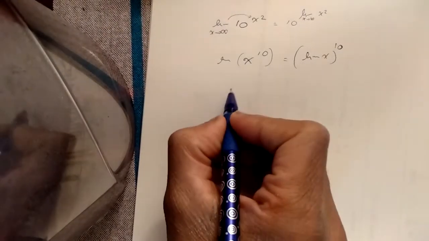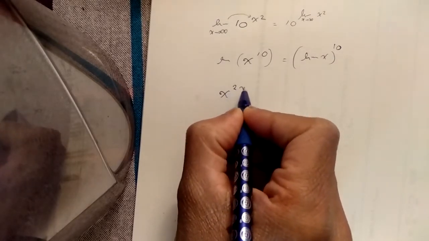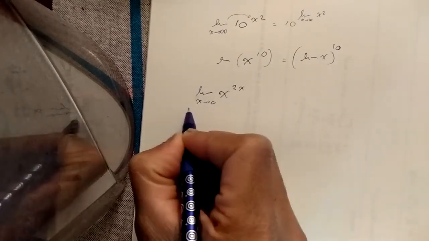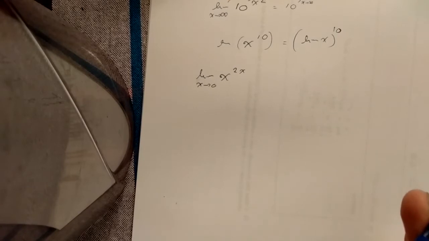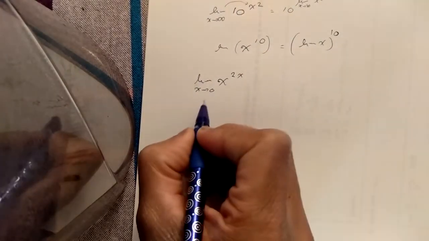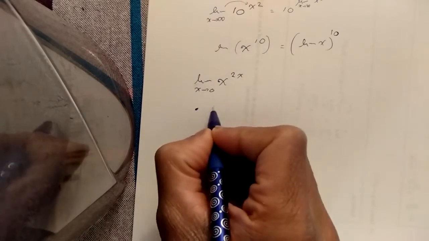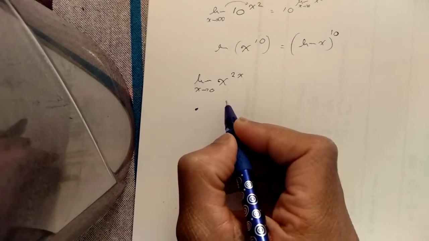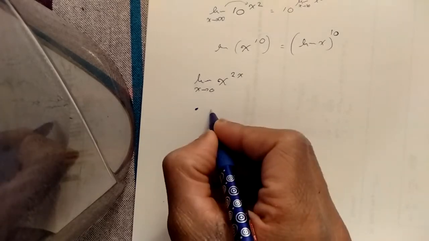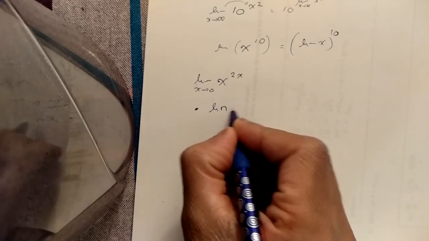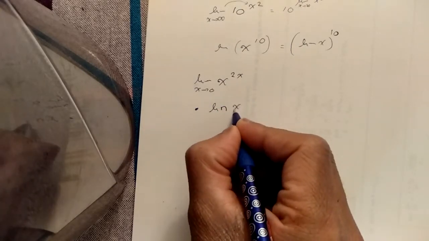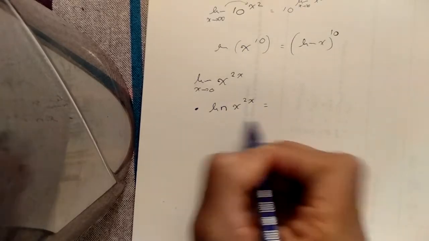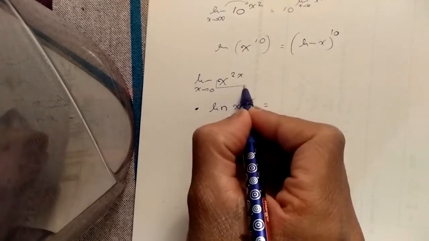Now let me rewrite the question one more time. In order to compute this problem x to the power 2x, we use a standard method, which is to directly apply the logarithm of this number. You will see why it becomes an easy tool when you have the answer for the logarithm of this whole thing.